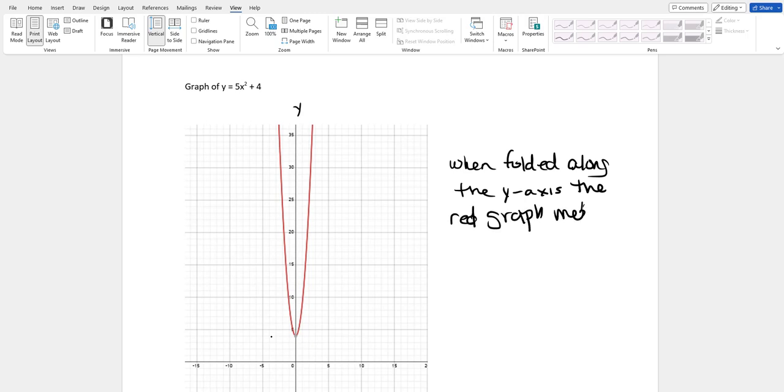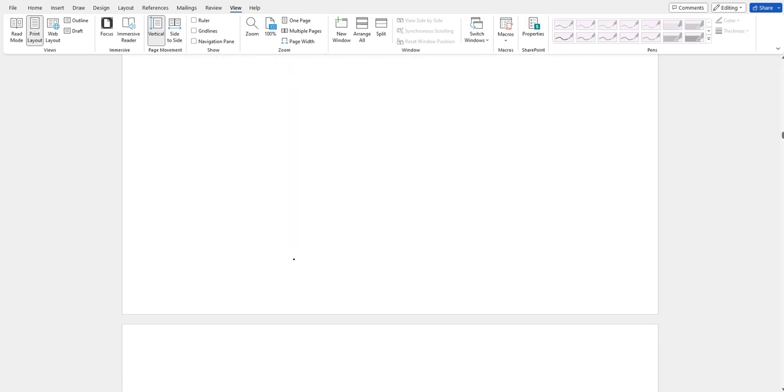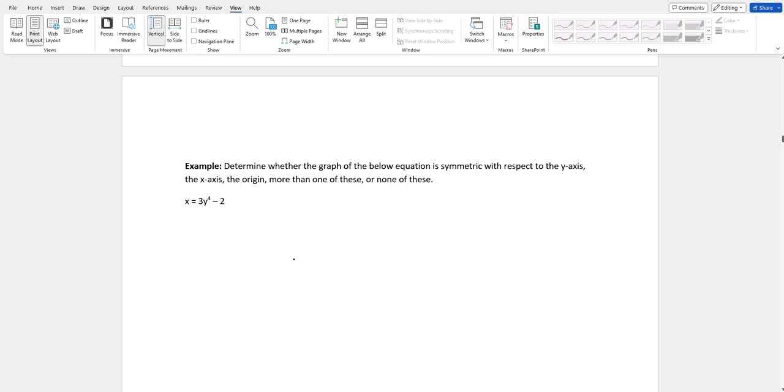Negative y to the fourth is just positive y to the fourth. And as you can see, when we simplify it, it is equivalent to our original equation. We get the same as we started off with. So that means that it is symmetric about the x-axis.